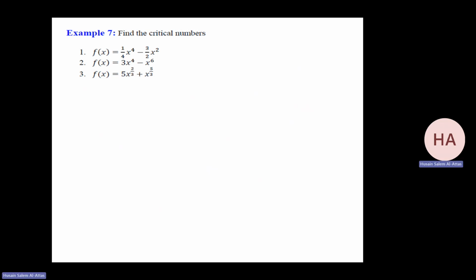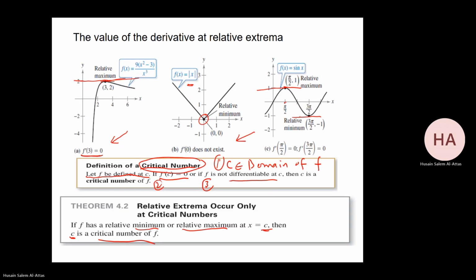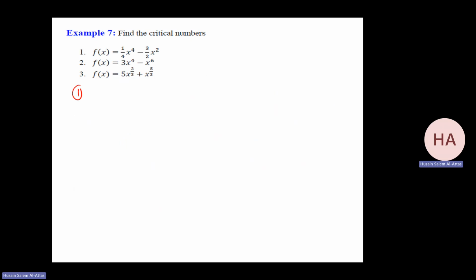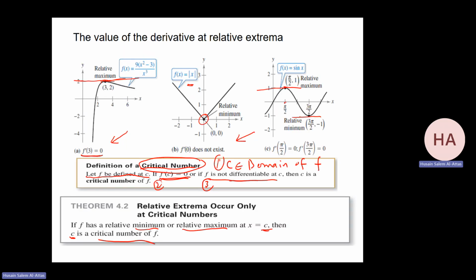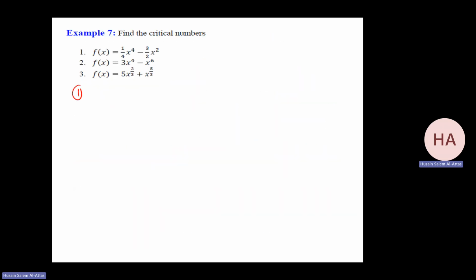Okay, let me do these questions. Find the critical numbers. Okay, number 1. I need to check f prime. A critical number occurs if f prime at c equals 0, or if f is not differentiable at c.